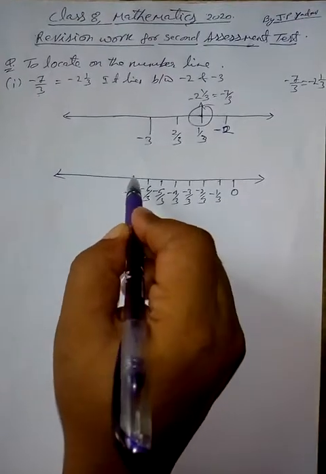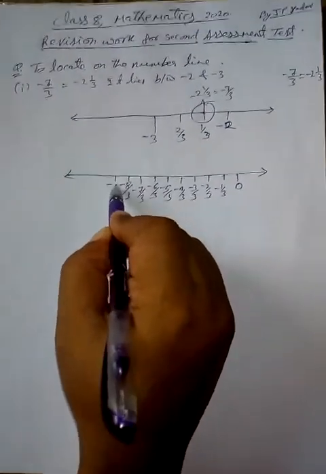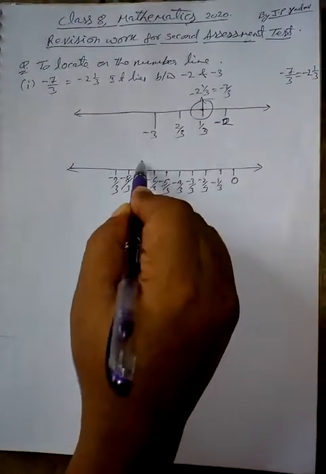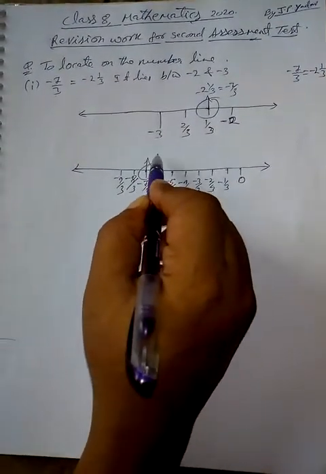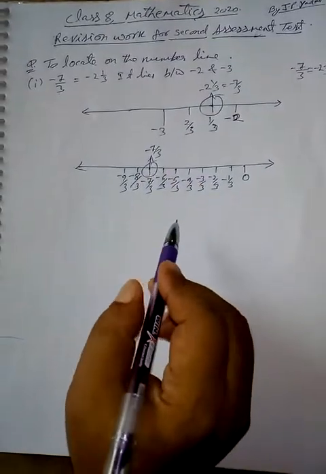So minus 8 by 3, minus 9 by 3. This is the answer, minus 7 by 3. You can look at it this way also.